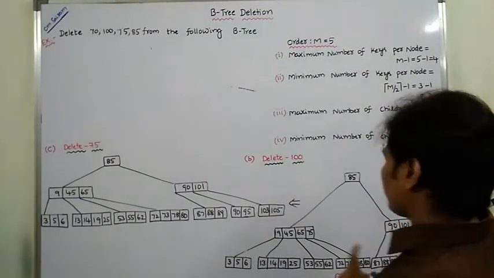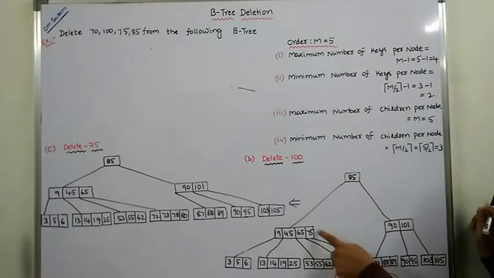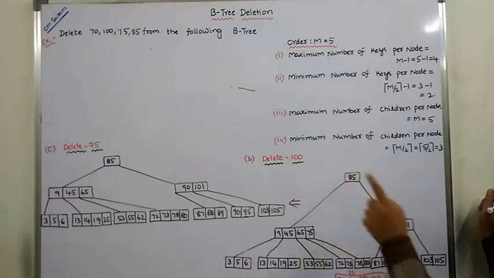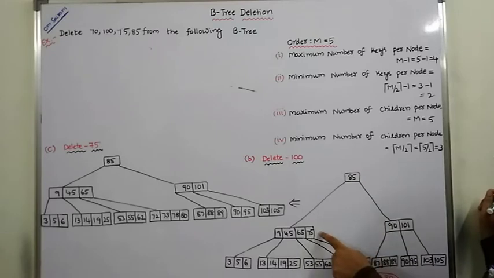Once again I am telling: 75 left contains 2 keys, 72 and 73, and 75 right contains 2 keys, 78 and 80. Our target key element is found at the internal node, and it is 75.